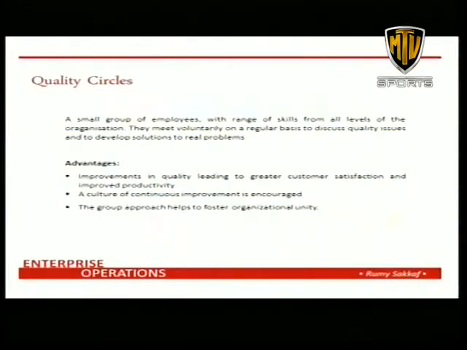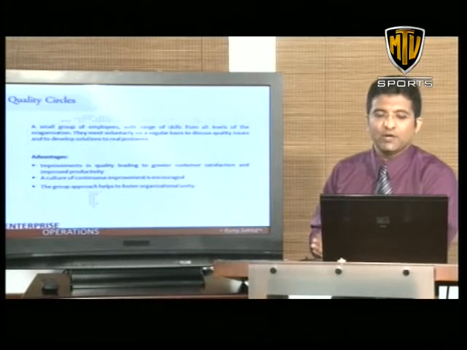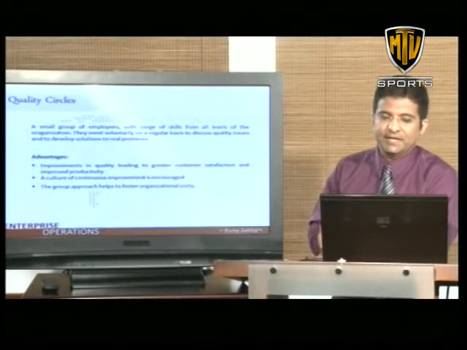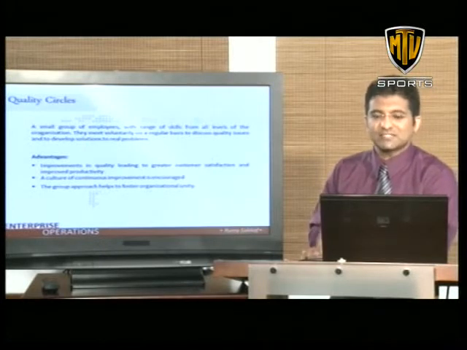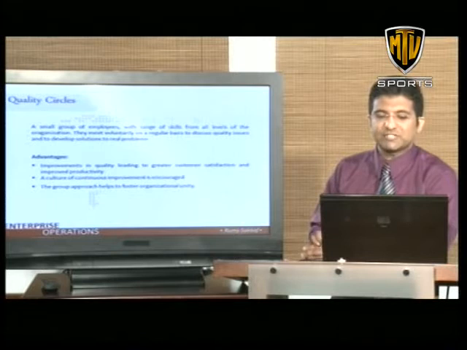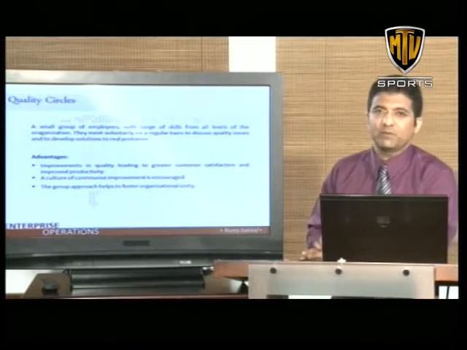It very clearly says a small group of employees with a range of skills from all levels of the organization. The main feature of a quality circle is that they are at different skill levels and different levels in the hierarchy. There can be a machine operator, there can be a COO, Chief Operating Officer, involved in the circle. In other words, they meet voluntarily on a regular basis to discuss quality issues and develop solutions to real problems.